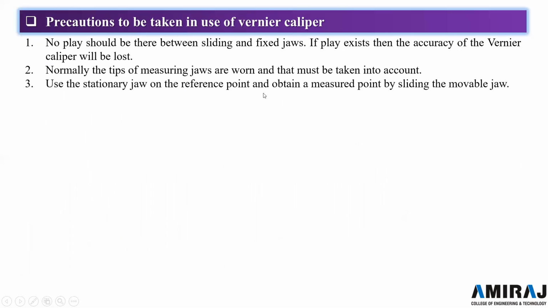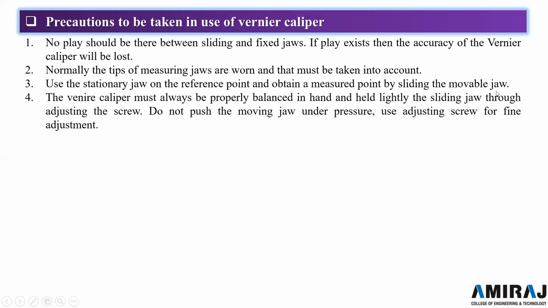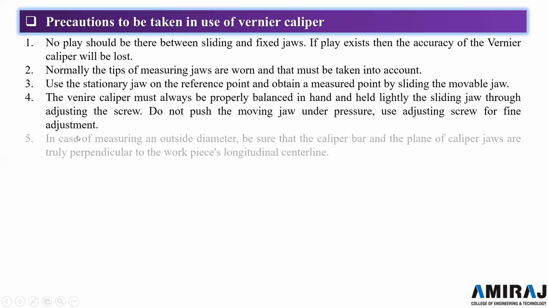Use the stationary jaw on the reference point and obtain the measured point by sliding the movable jaw. The vernier caliper must always be properly balanced in the hand and handled lightly. Do not push or move the jaw under pressure, and use the adjusting screw for fine adjustment.